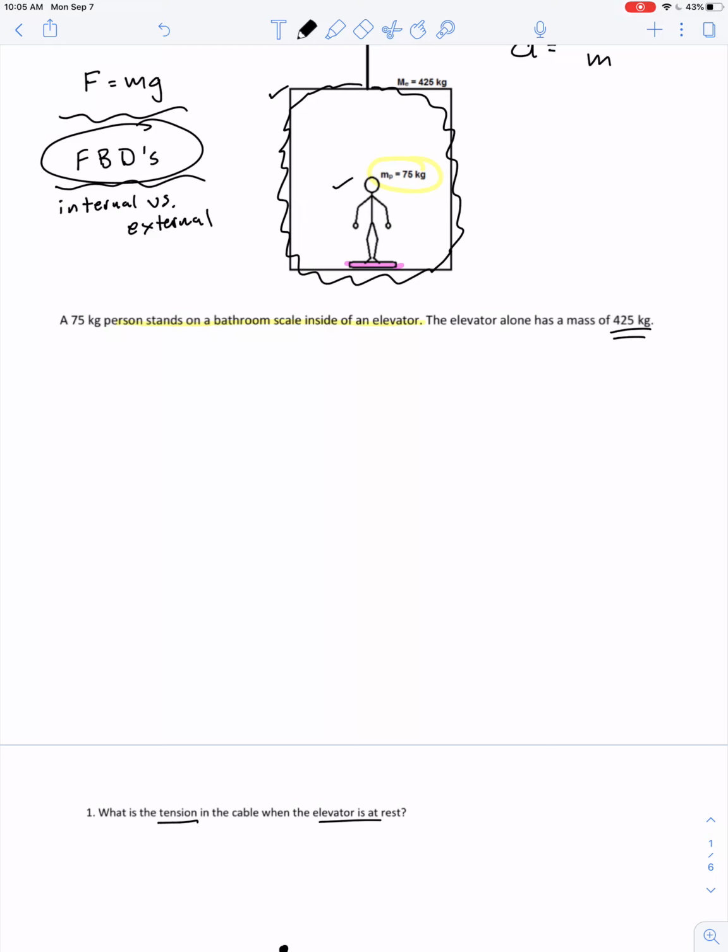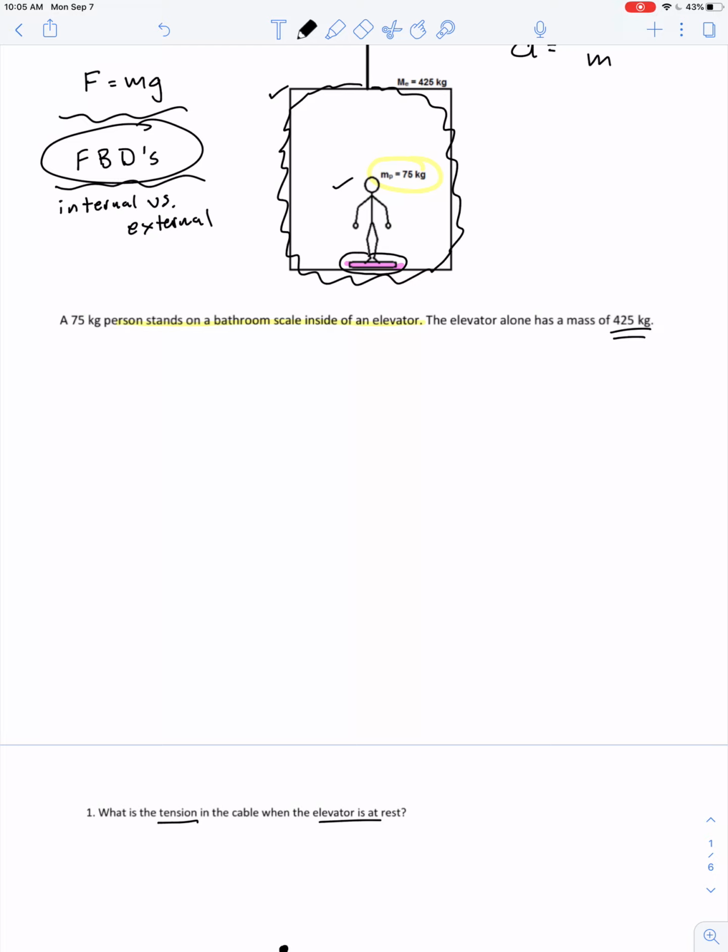And in this case, I want the force between the passenger's feet and the ground to be internal. I want it to be a force that doesn't matter. So if I were making a free body diagram just for the person by themselves, I couldn't ignore that force.